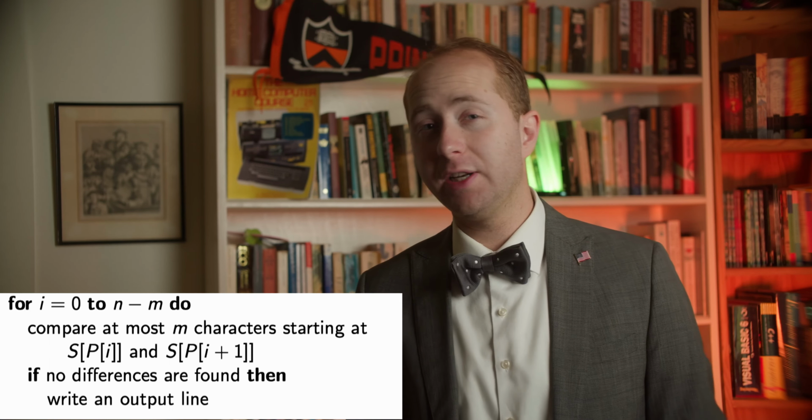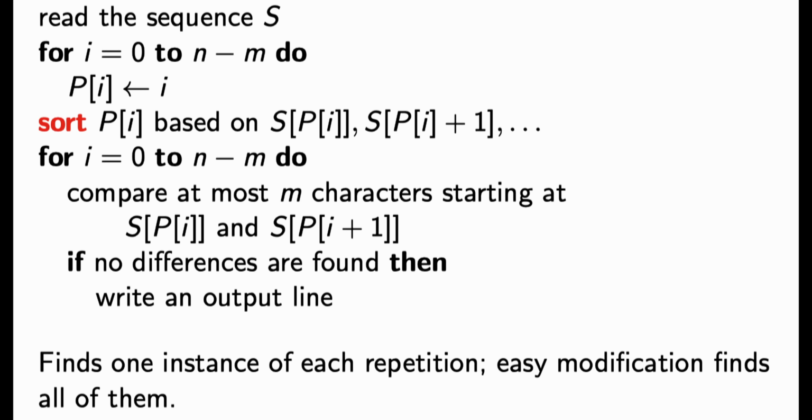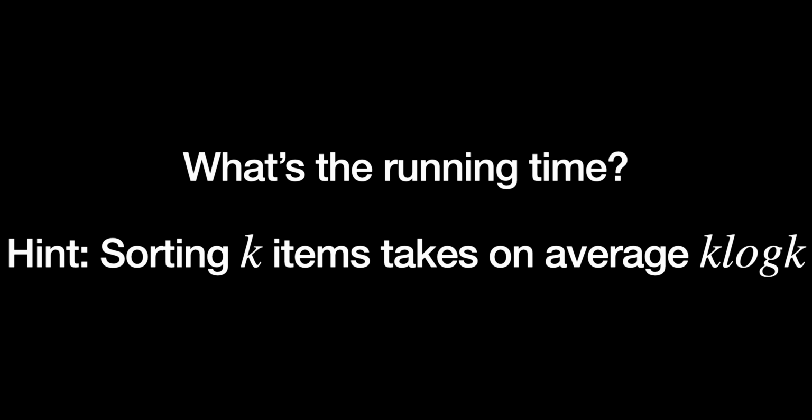Now, one question that we didn't get time to explore in depth was the running time of this new version of find repeats. Well, I'll give you one piece of information for free, and that's that sorting in this instance is mn log n, which means that our total running time for this algorithm is given in 3 steps.